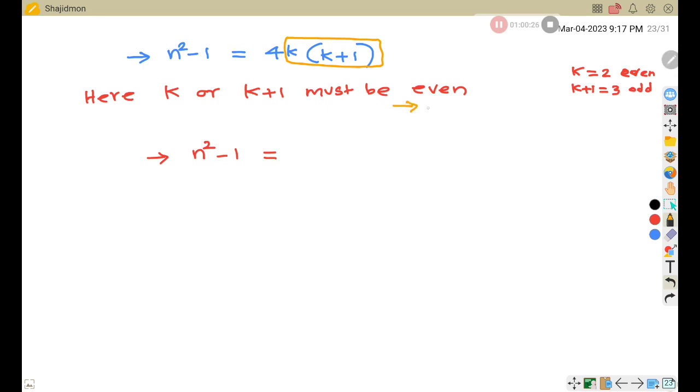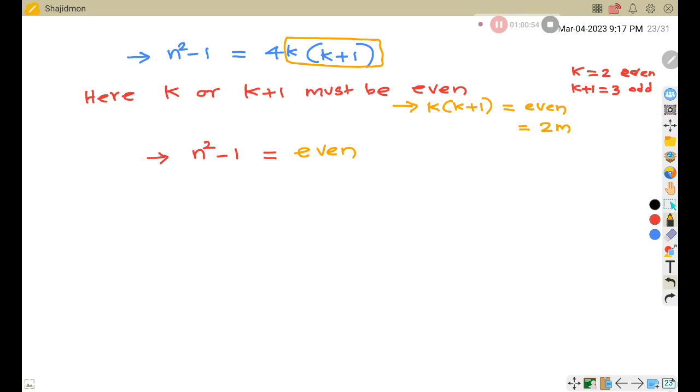Must be even means k multiply (k plus 1) should be an even number, correct. So what we can write totally must be 4 times an even number, correct. 4 times an even number means this should be what type of number? Even number. If you want, you can write more steps like k multiply (k plus 1) equal to 2 times m, then you can substitute there, so that you will get it.